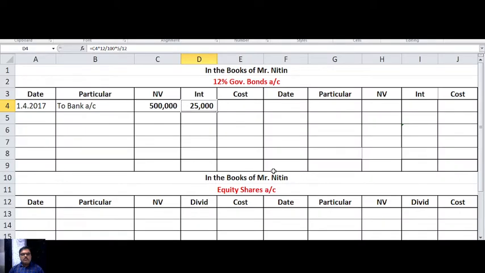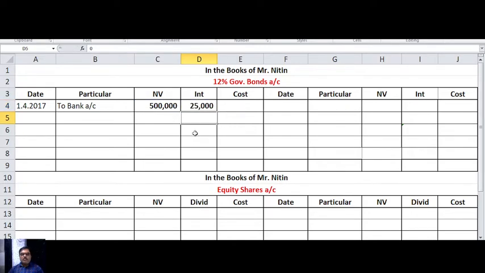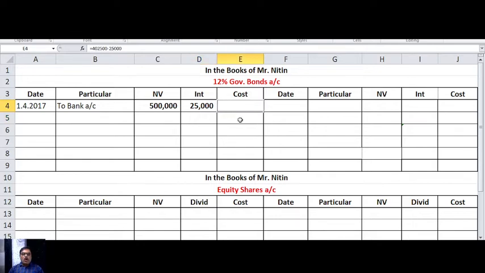So here it is 25,000. And how did I calculate this? 5 lakh multiplied by 12 divided by 100, that is the rate of interest, multiplied by 5 months divided by 12 months, because we have to calculate the outstanding interest from the last due date. So that comes to 25,000. Now we have to find out the cost. The cost is very simple.